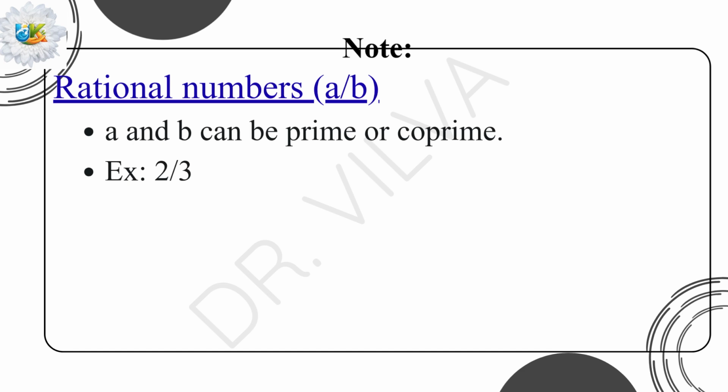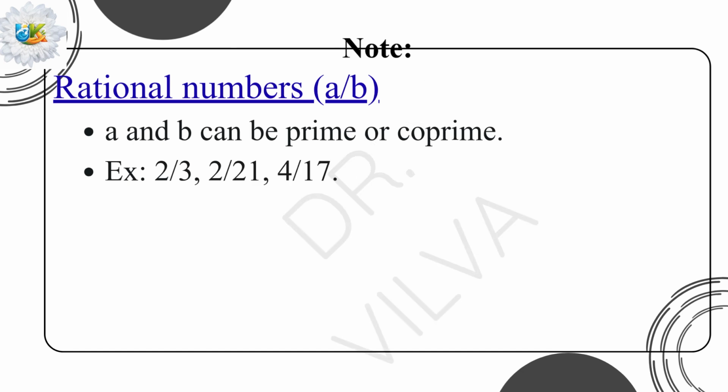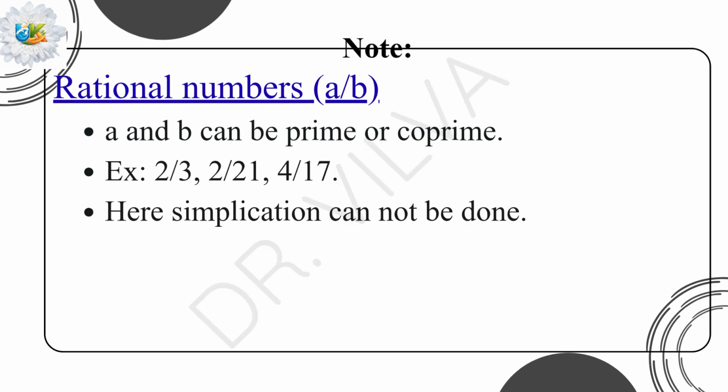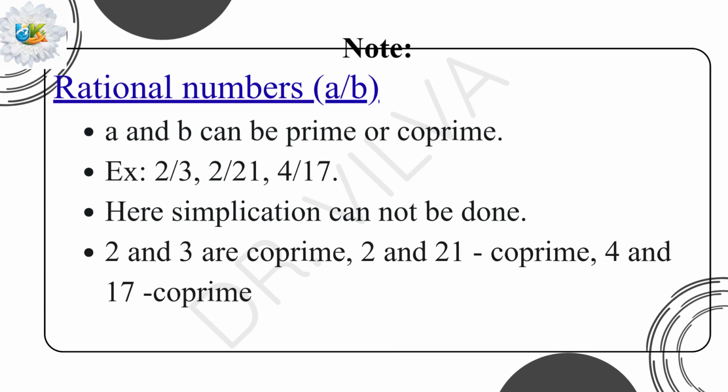In other cases, they are co-prime, like 2 by 21. 21 is not a prime number, but 2 and 21 are co-prime, meaning they share no common factors other than 1. In both these examples, no further simplification is required.